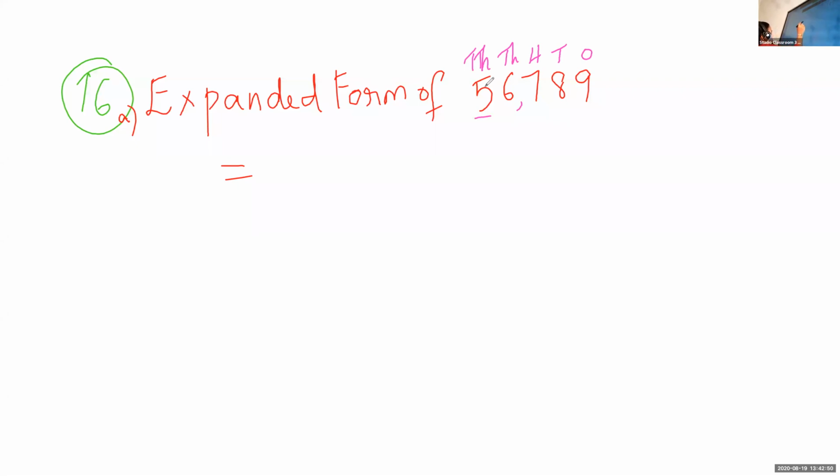Now write here 5. Then after 5, 1, 2, 3, 4 digits. So how many zeros do we have? 4 zeros. And we can write plus. Then we can write 6,000.